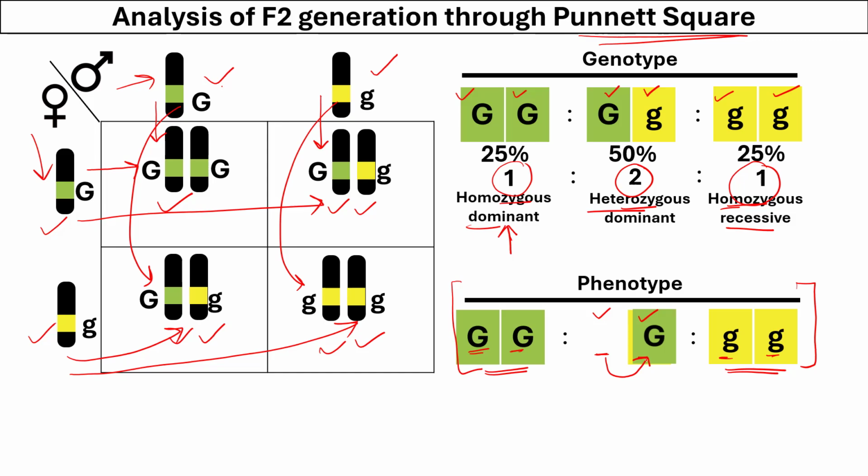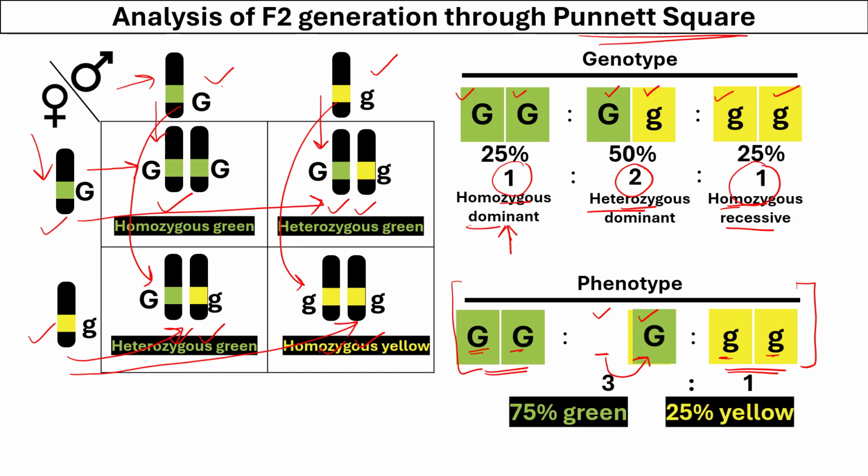So green is overshadowing yellow. This will be green, these two will be green, so 3 greens and then 1 yellow. So the phenotypic ratio becomes 75% green and 25% yellow.